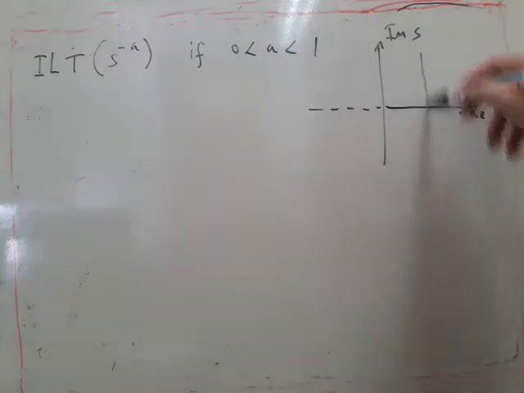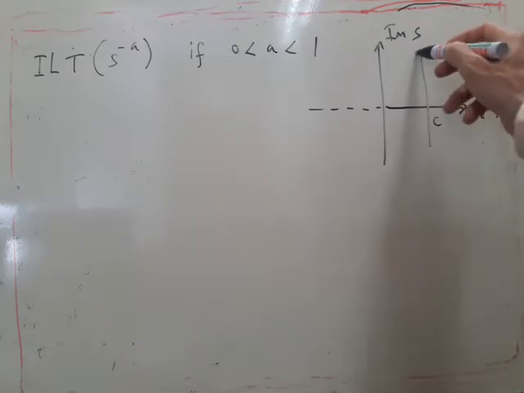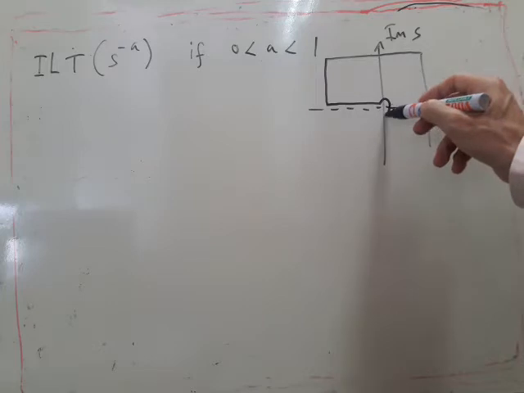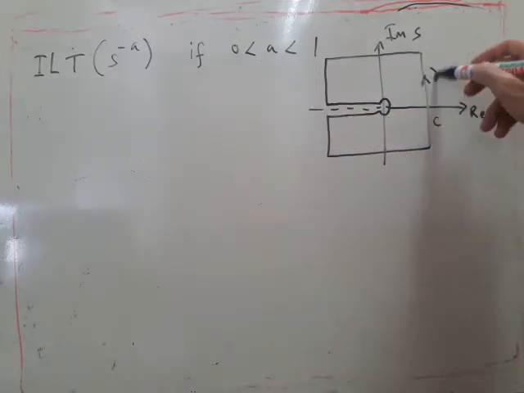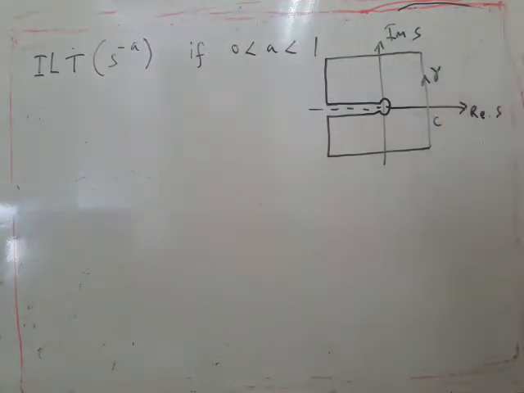So the contour is going to look like this. This is our C. So this only has a singularity at the origin.